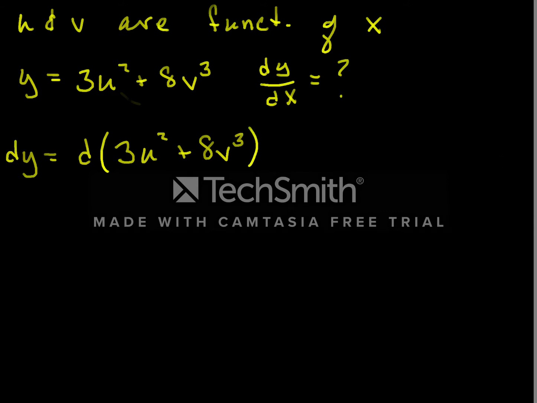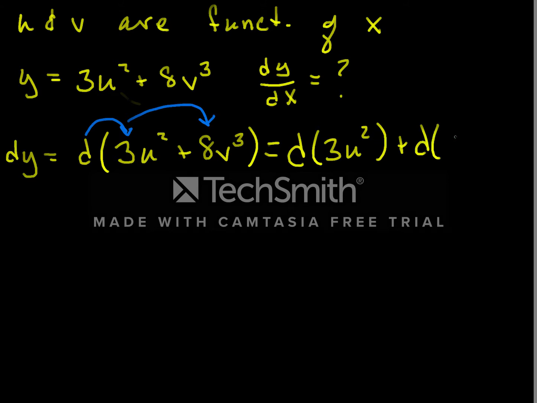By this point, I'm hoping that you recognize that this differential will distribute across addition. Let's just take baby steps. This is the differential of 3u squared plus the differential of 8v cubed.